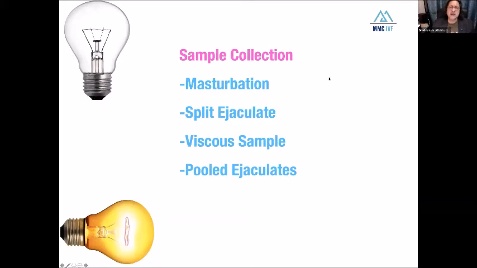Sample collection. This is also very important to understand. The husband collects the sample by masturbation. An ideal sample to collect is a split ejaculate. That means you send the wife in with the husband for collection in a proper bedroom or collection suite, with 2 jars labeled 1 and 2. As the man ejaculates, the first couple of spurts contain all the sperms.